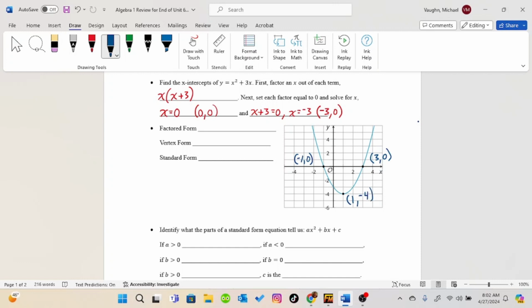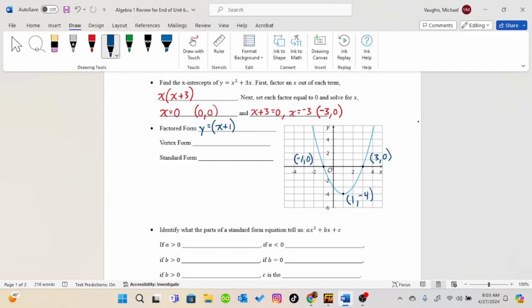So if I have an x-intercept at -1, then I must have a factor at x plus 1, because -1 plus 1 equals 0.